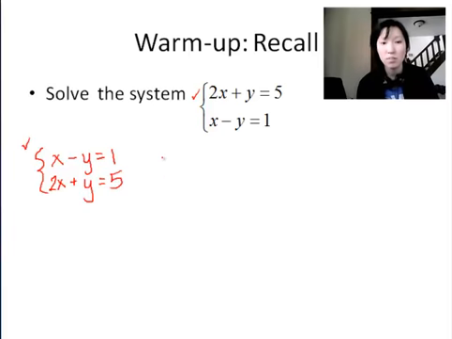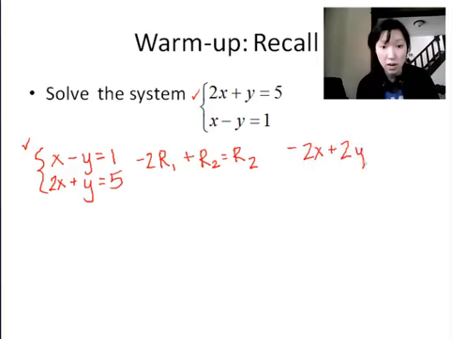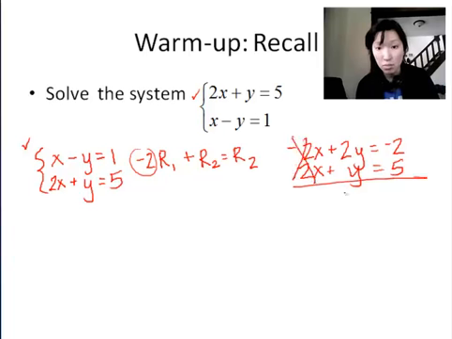Alright, another thing that we experimented is that you could take row 1, or this equation 1, and multiply it by -2, and add it to row 2, and make that your new row 2. Okay? And if you were to do that, we would have -2x plus 2y equals -2, because I multiplied everything in this equation by -2, and then I could add it to that second equation, and what I would get is these would be gone, 3y equals 3.